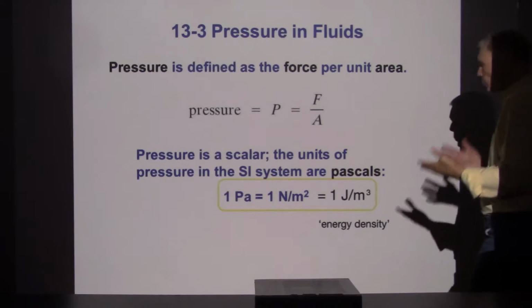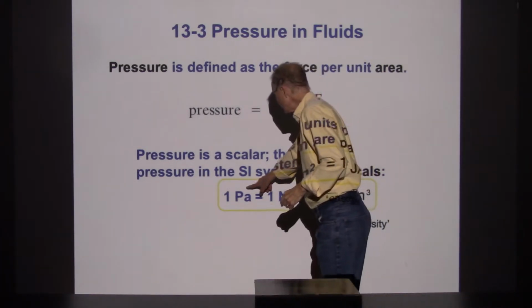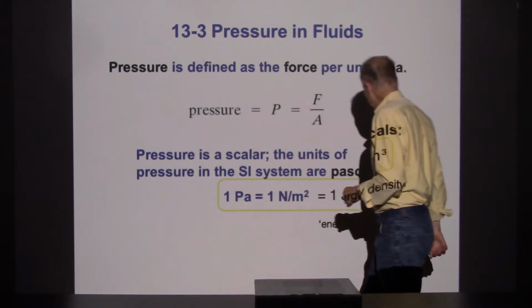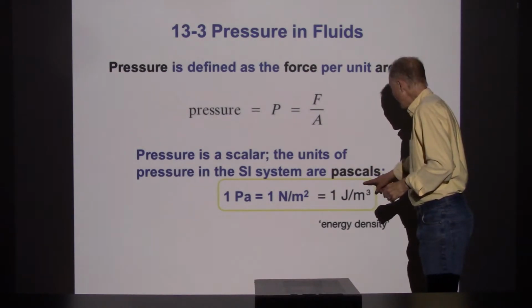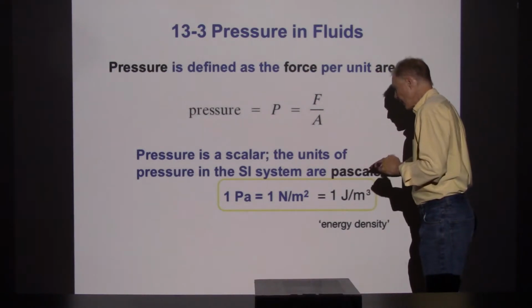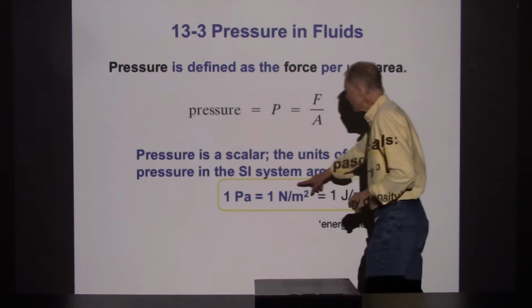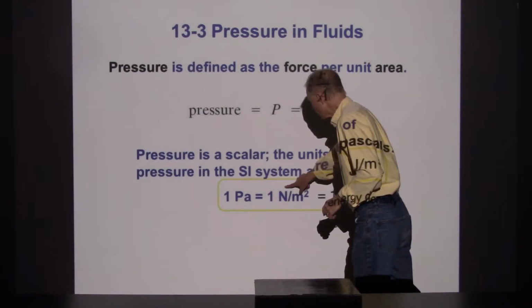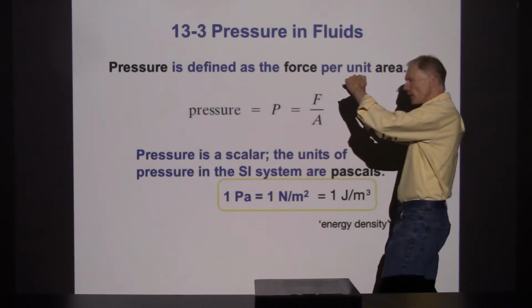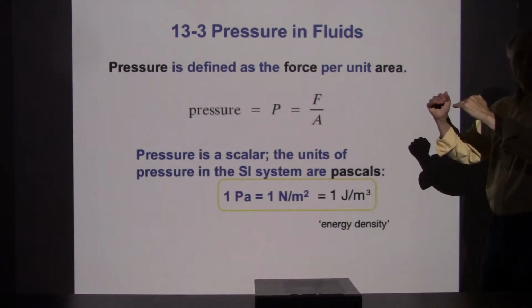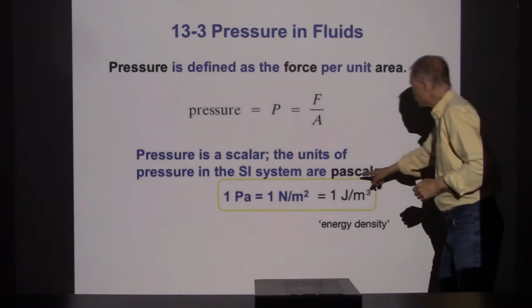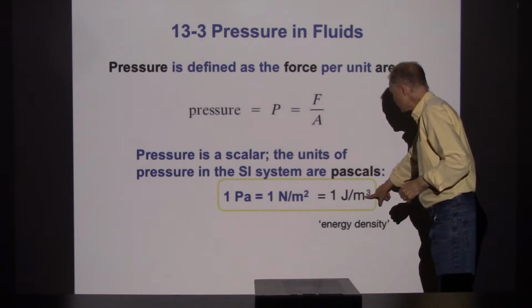So there is a unit that goes by that name of Pascal, and that's going to be the same thing as 1 joule per cubic meter. If I multiply the numerator and the denominator by meters, what I get is joules on top and meters cubed below.